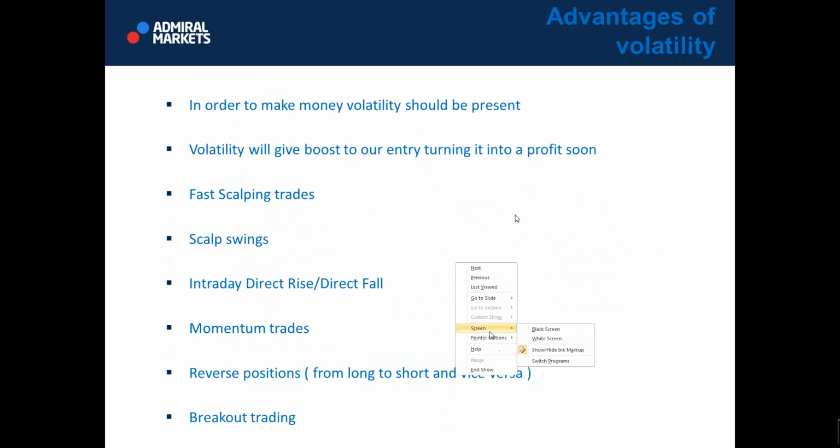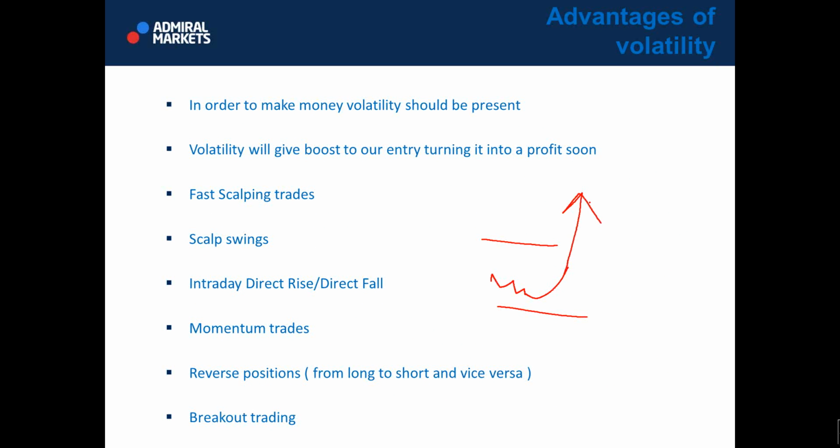So let's say that you want to trade cable long. You have entered there, you put your stop loss here, and your first target there. But sometimes huge volatility can give you a great position, even going above your first target. So that means that your first target will be hit in a few minutes.